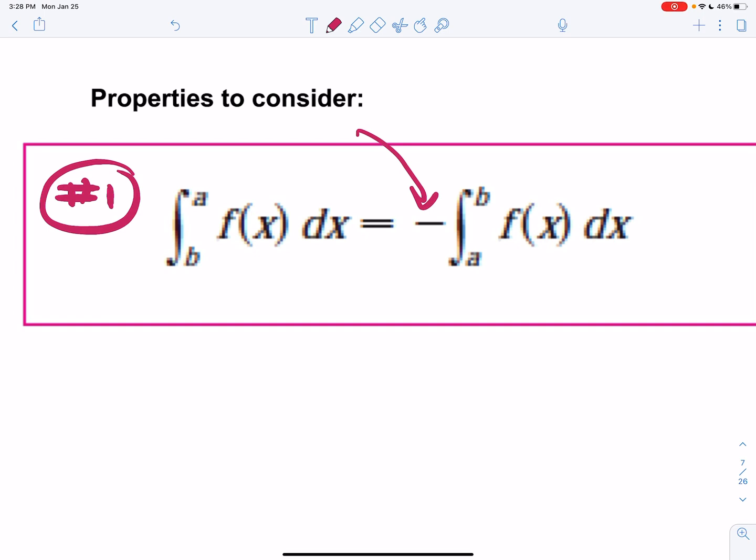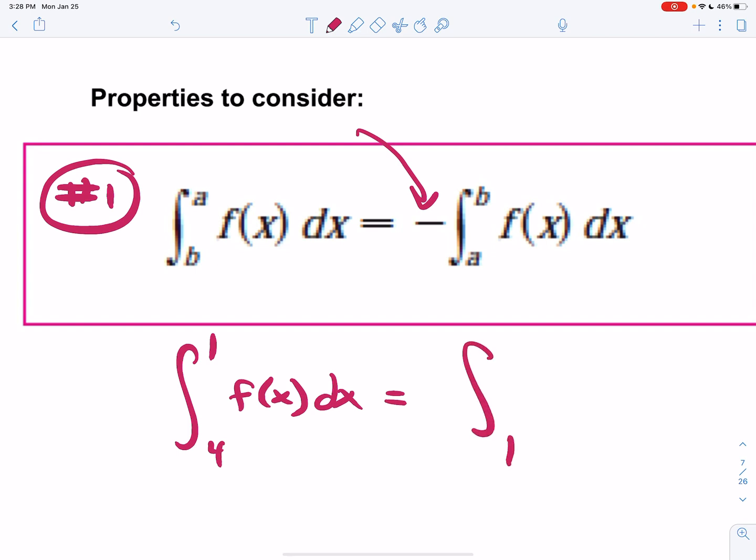So for instance, normally the larger bound is at the upper, right? So what you guys normally see is something like this, the integral from 1 to 4. But occasionally, you might get the integral from 4 to 1. So what this property is stating is that you could actually just flip the bounds back to where it's quote-unquote proper, but you have to account for a negative.